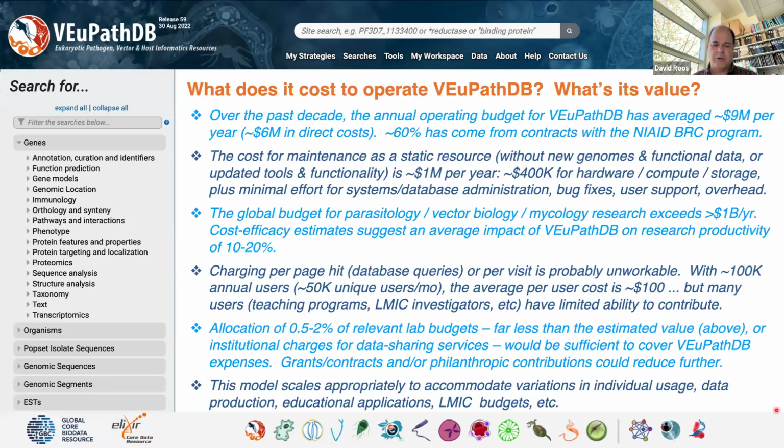It would probably read something like data mining and dissemination services, because in addition to providing the services that we have for years facilitating data mining, we are also rewriting our production pipelines to ensure that users of these resources can apply those pipelines to their own data privately to integrate it within VEuPathDB as you're doing your own analyses and writing your own papers.